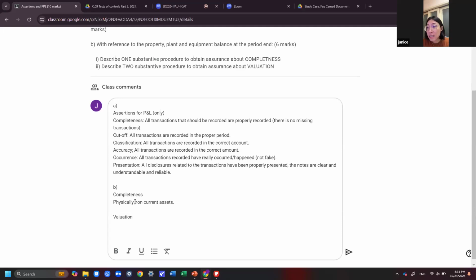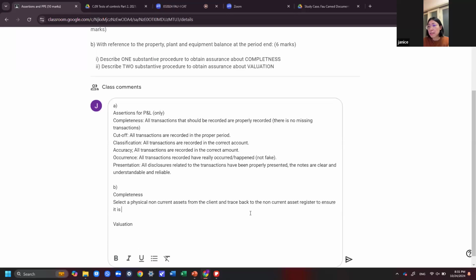So physically, you can say select a physical non-current asset from the client and trace back to the non-current asset register to ensure it is properly recorded.